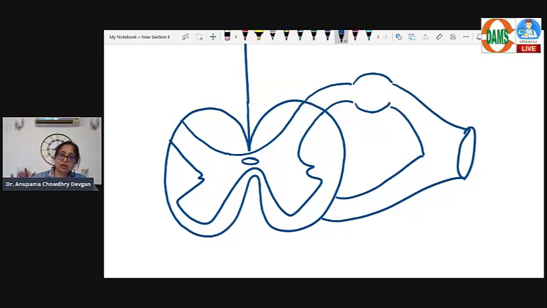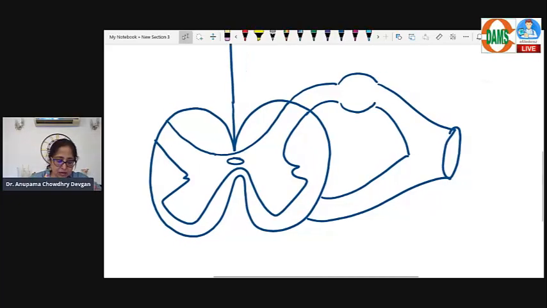Now this is the cross section. We are going to discuss the course of the tract. Since this is an ascending tract, it goes from below upwards, so we are trying to build up the tract. This is a cross section of the spinal cord. You have a posterior root, the dorsal root ganglion, and the anterior root, which together form the spinal nerve.